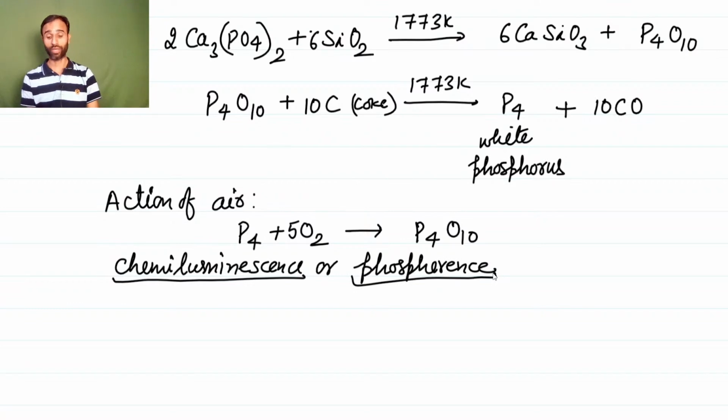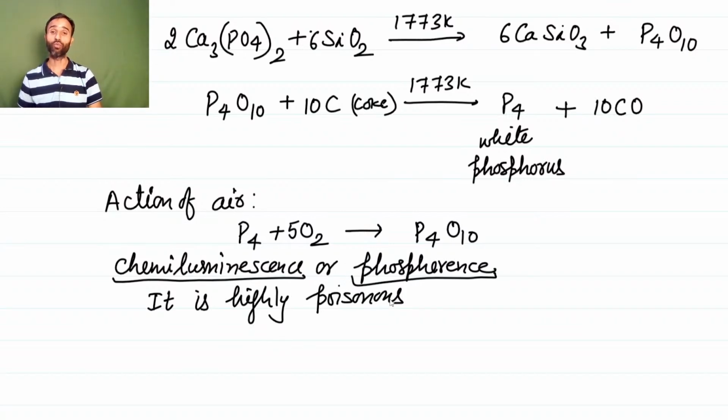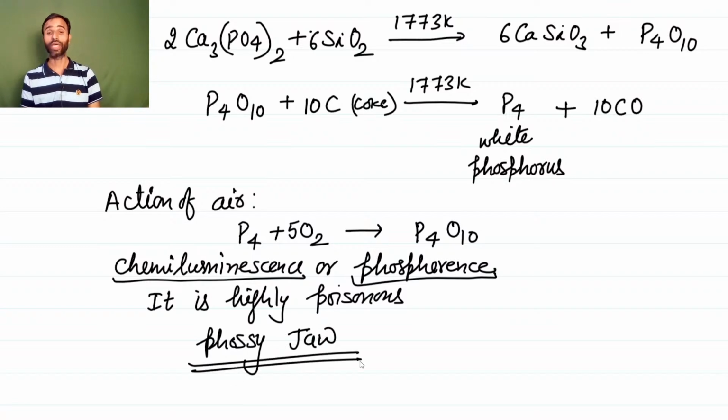And at the same time, it is highly poisonous. It is highly poisonous. The workers who are working with white phosphorus, they develop a disease called fuzzy jaw, where there is a decay of jaw.